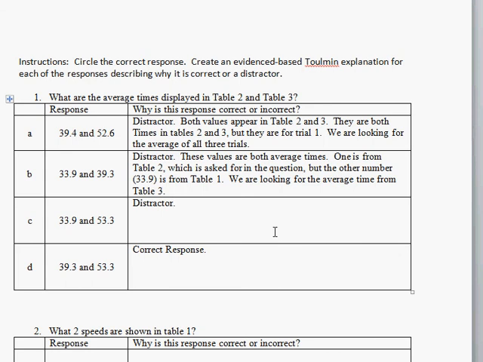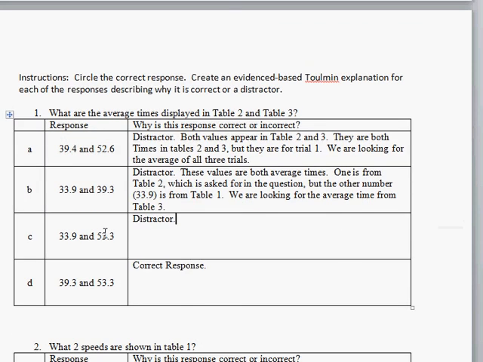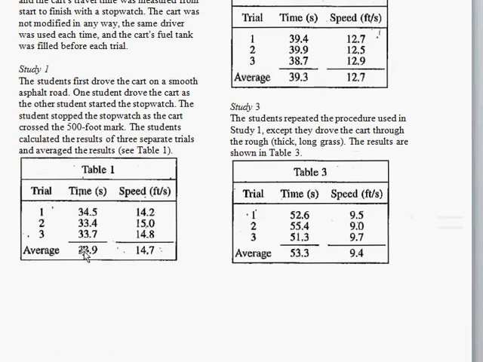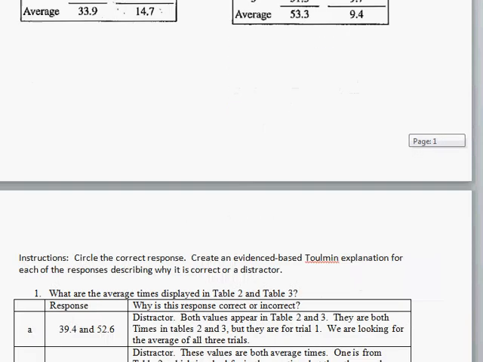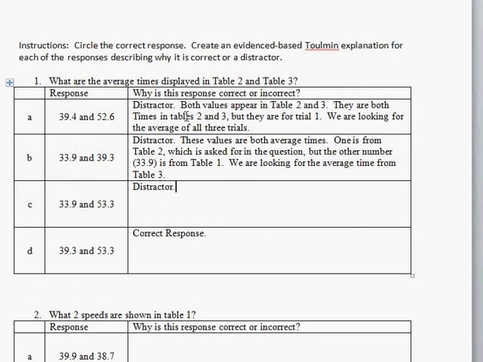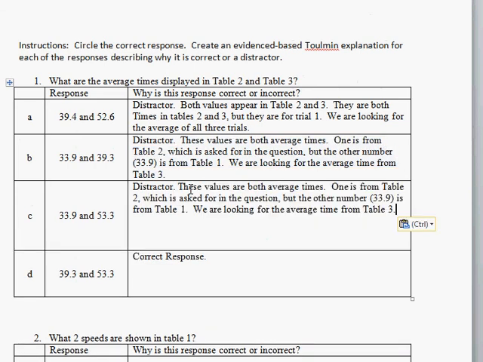All right, the last distractor is 33.9 and 53.3. Well, 33.9 is from Table 1. 53.3 is Table 3's average. So this is basically exactly the same as the previous one. These values are both average times, yes. One is from Table 3, which is asked for in the question.